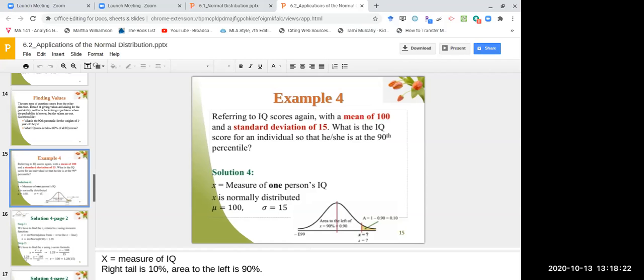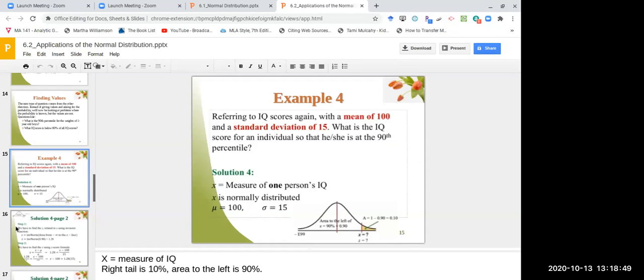Remember, percentiles are people who are at or below where you are. So this person who's at the 90th percentile, they have a high IQ. 90% of people are at or below them. So there should be a lot of area on the left and a little bit of area on the right. So 90% to the left, 10% to the right.